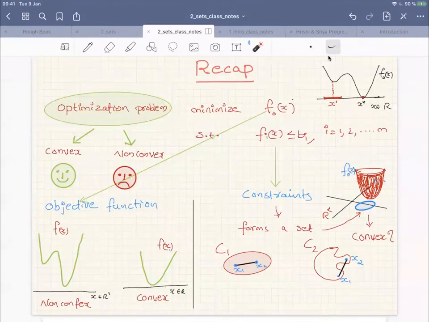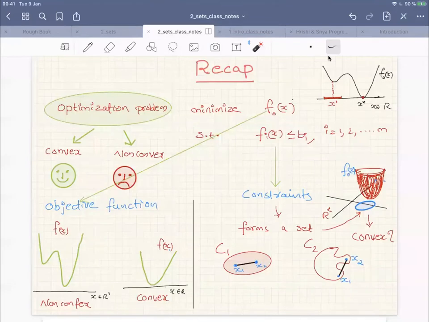Essentially, when you add a constraint, the solution can change. If the constraint is this, the solution is different; if the constraint is that, the solution is different. This is what we saw.